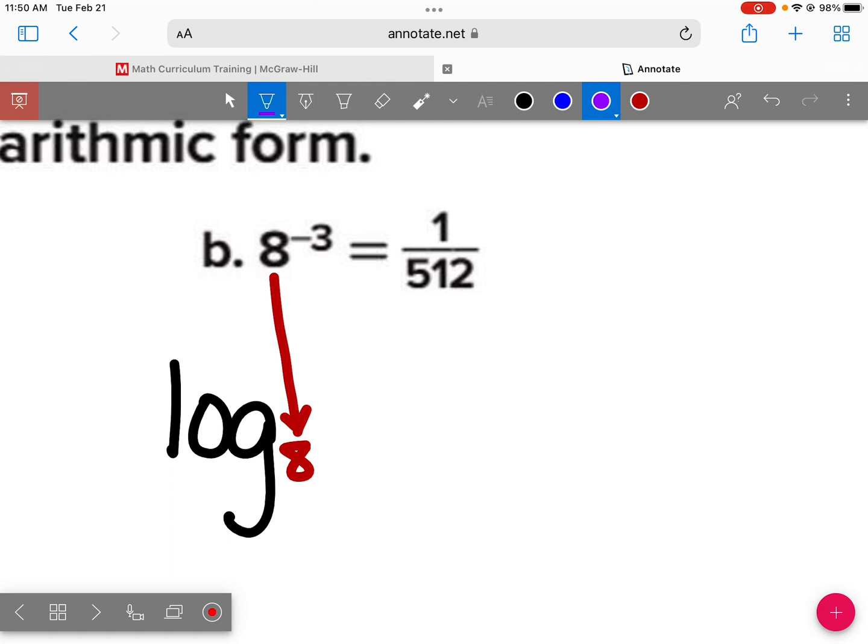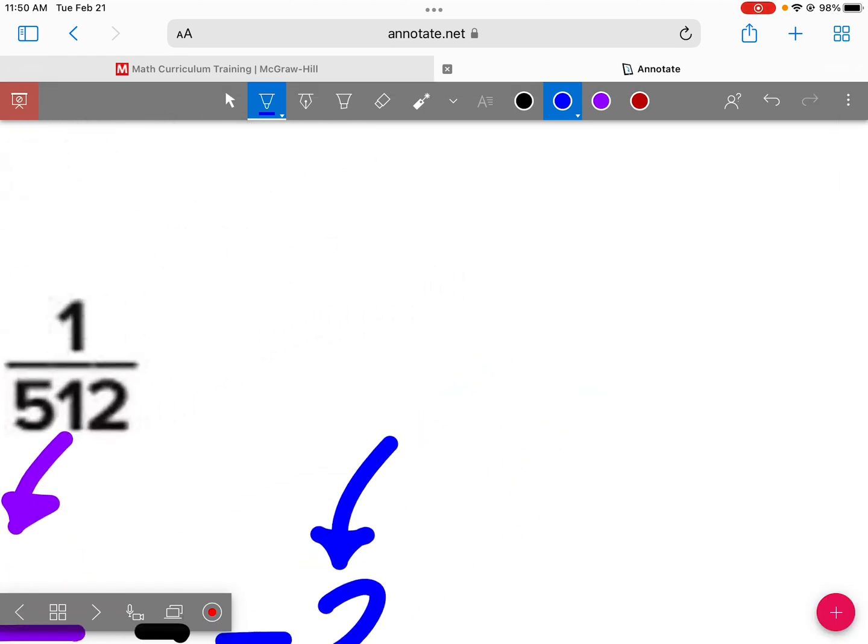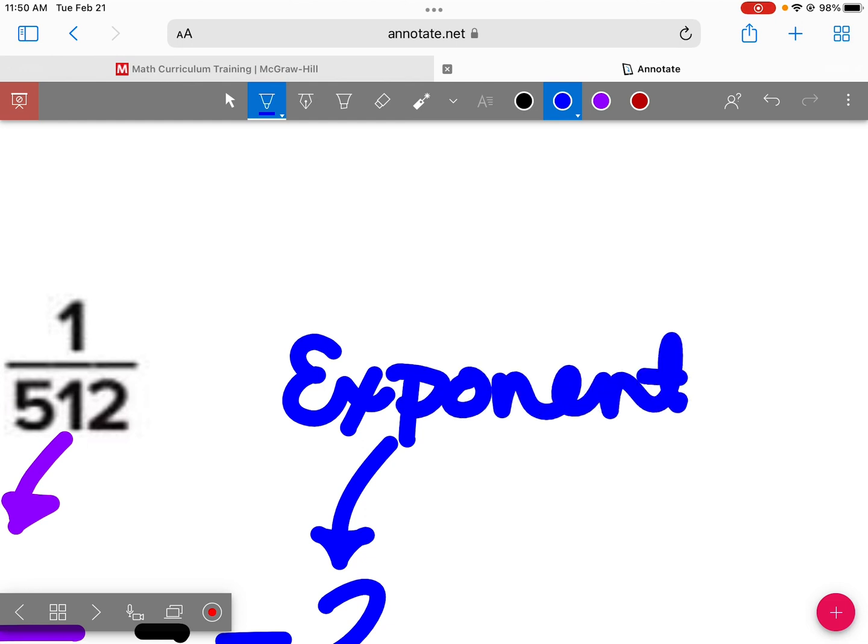Oh, you put the 1 over 512. 1 over 512 equals. Log base 8 of 1 over 512 equals what? -3. Remember, the whole point of logarithmic form is to get my exponent on a side all alone.